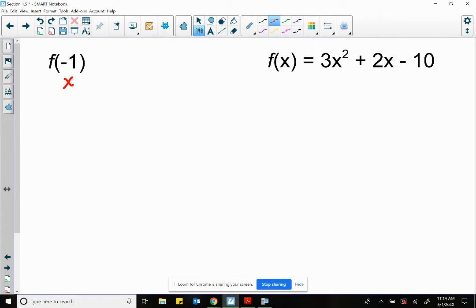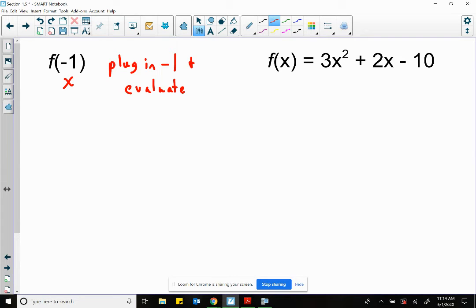There was an X. So all they are telling you to do is plug in -1 and evaluate. Okay? So all they want you to do is take this -1 and plug it into every X that you see over here and tell me what the answer is. Because this part right here used to be the variable X, and now there's a number in it. So they're saying plug in -1 for X.